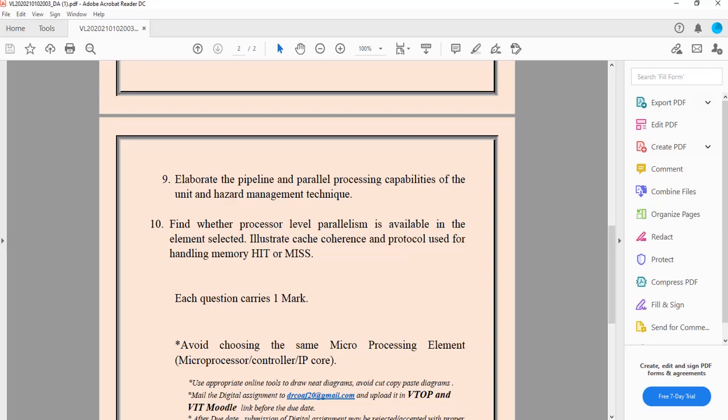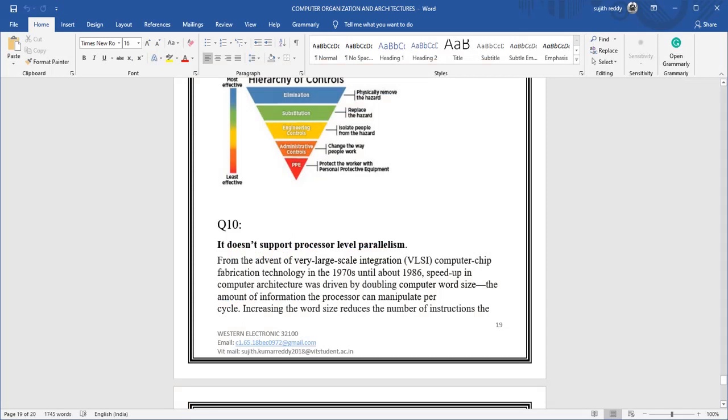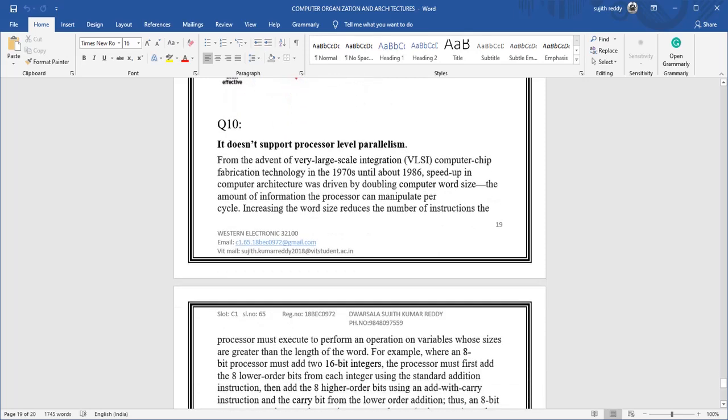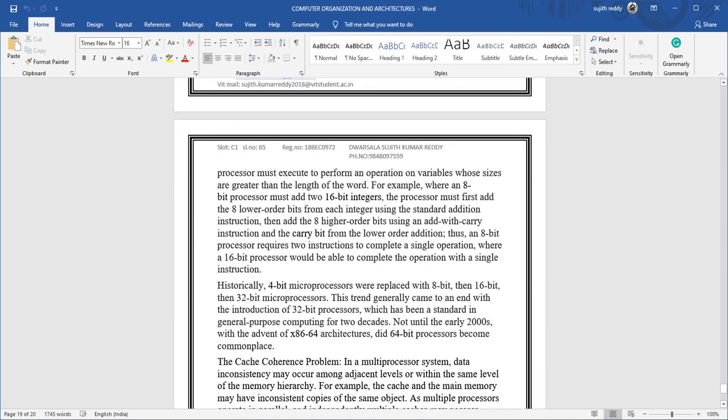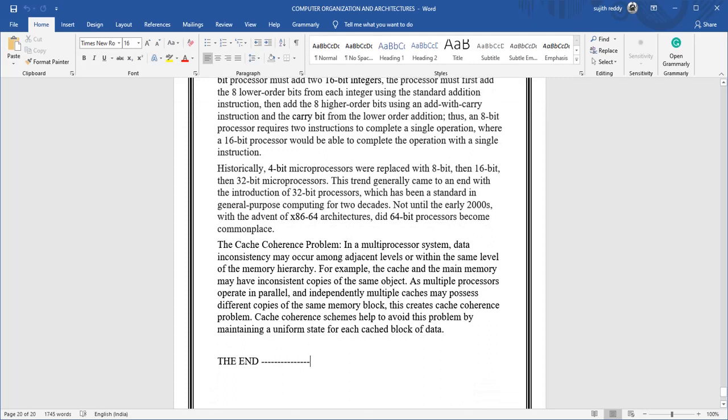Historically, 4-bit microprocessors were replaced with 8-bit, then 16-bit, then 32-bit microprocessors. This trend generally came to an end with the introduction of 32-bit processors, which were standard in general purpose computers for 2 decades, until the early 2000s with the advent of x86-64 architectures, when 64-bit processors became commonplace.